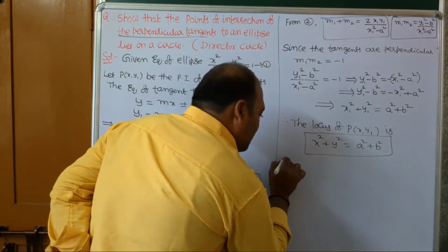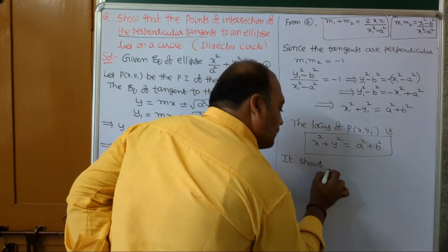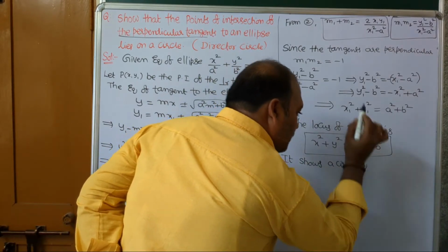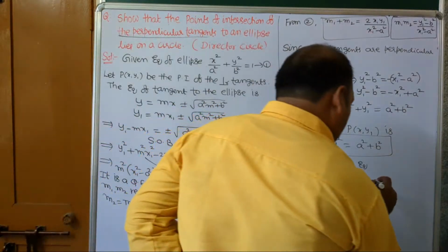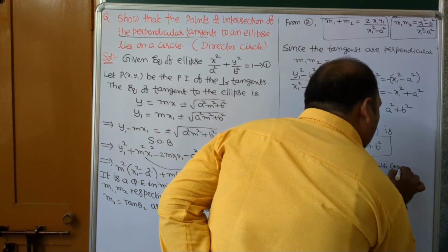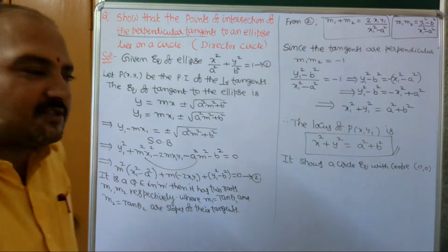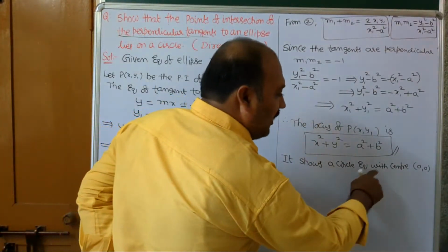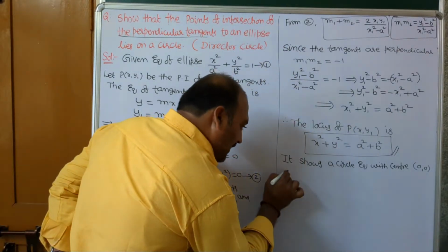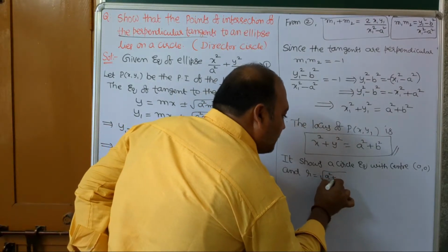It shows that it is a circle equation with center 0 0, and radius root of a square plus b square.